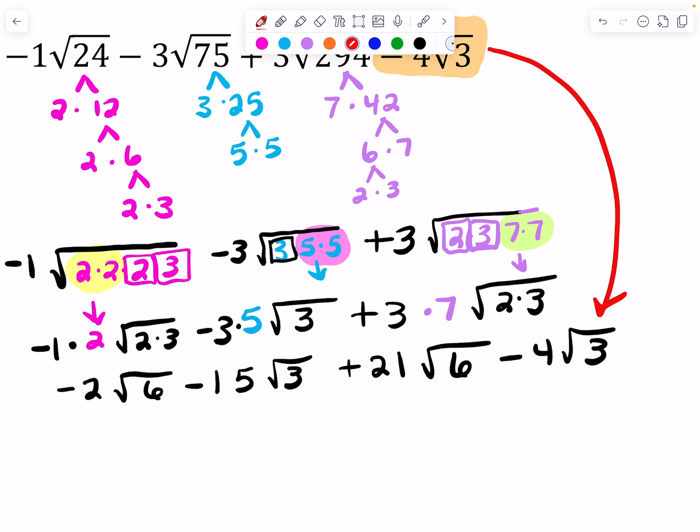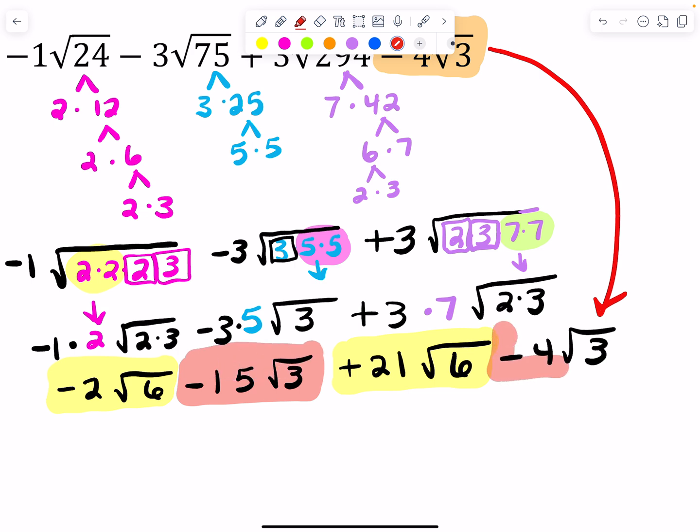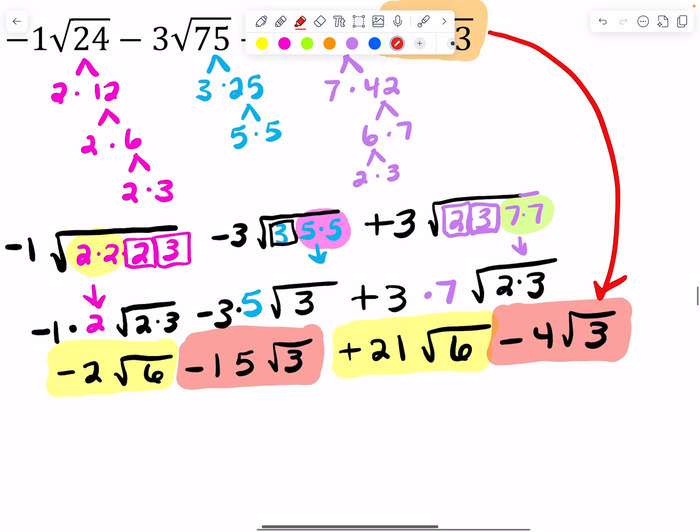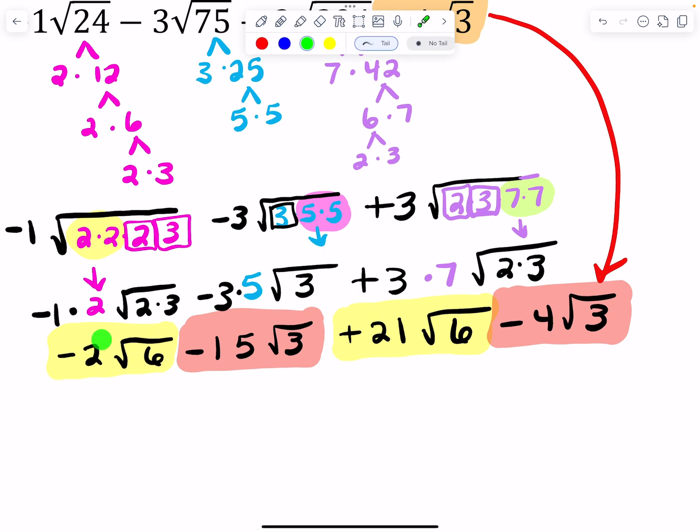So now we can look for matching radicals. So first we have the square root of 6, and we have the square root of 6. Then we have the square root of 3 matching the square root of 3. So we've got 2 sets of like radicals. So we're going to take the number in front.